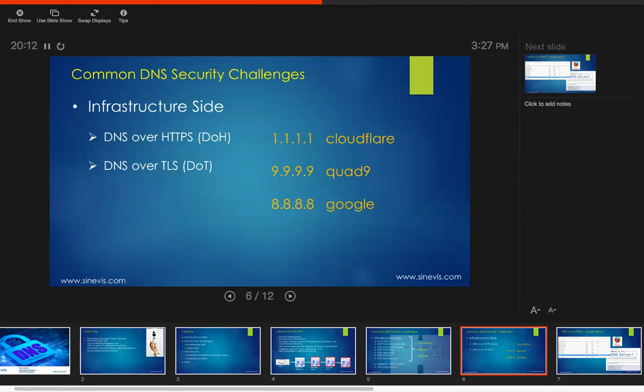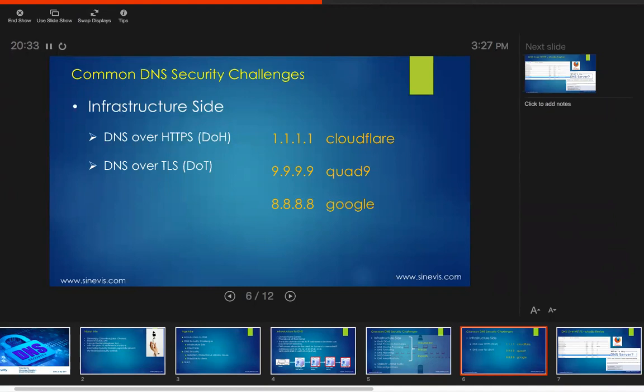Out of that, they do analytics based on user behavior, and that can be used for marketing purposes or different types of analytics for commercial purposes.